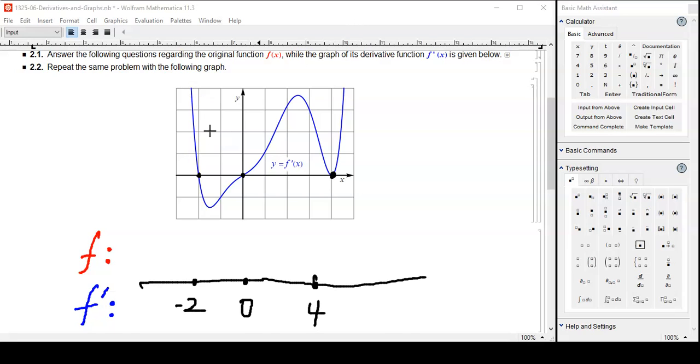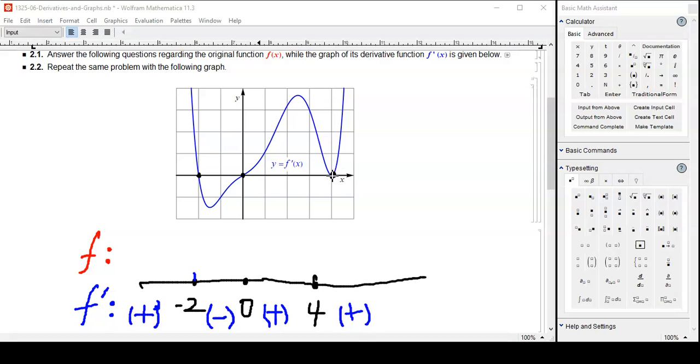Above the x-axis here, less than -2, so the derivative is positive. Now between -2 and 0, below the x-axis, so the derivative is negative. Between 0 and 4, positive, and then positive again. You see?